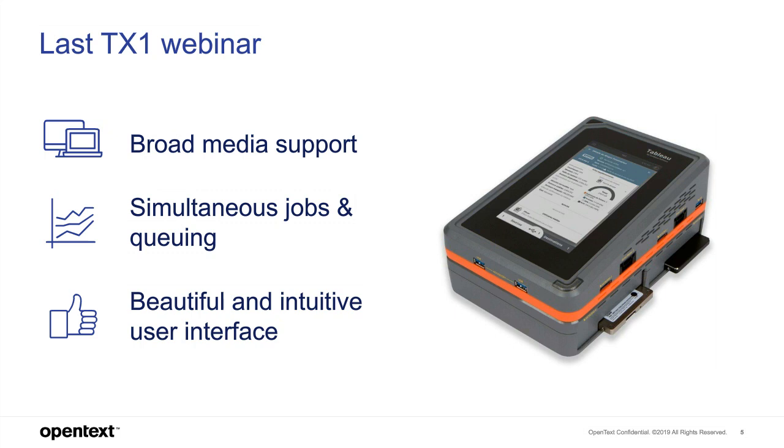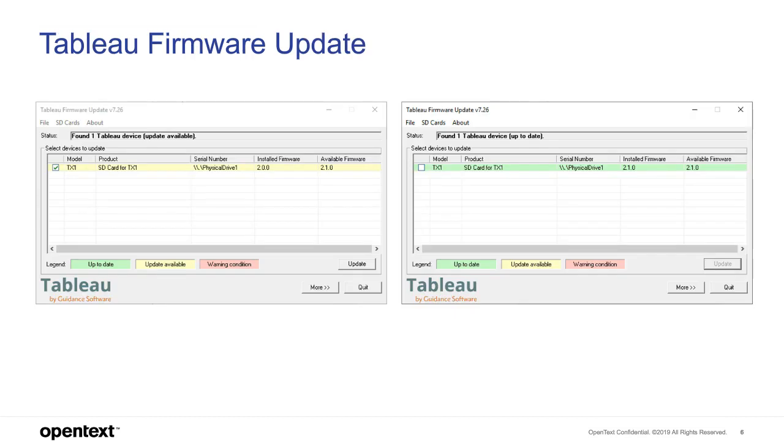And now, it's probably a good time for a brief infomercial for the TX1's best friend, TFU, which, as many as you know, stands for Tableau Firmware Update. It's a utility. You can download it from our website anytime, and you can use it to check or update the firmware of any and every bridge, duplicator, and forensic imager we've ever sold.